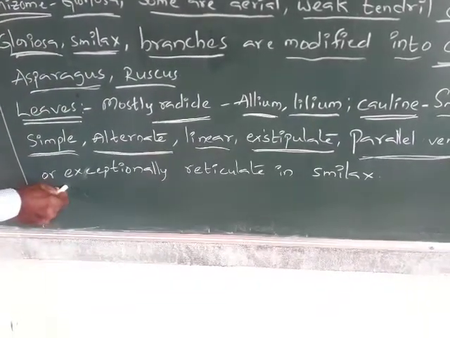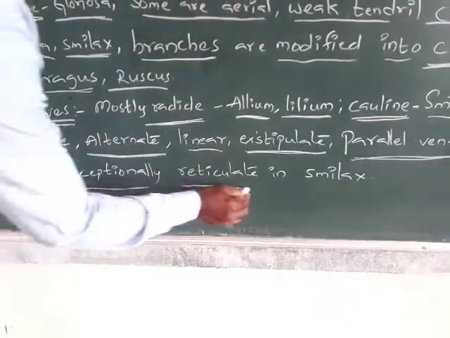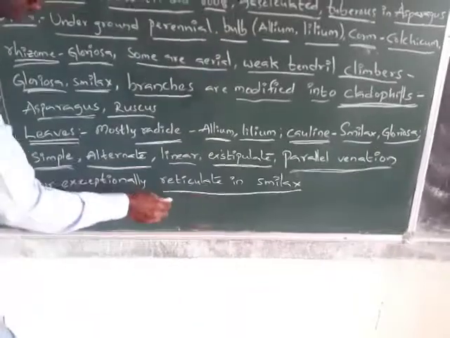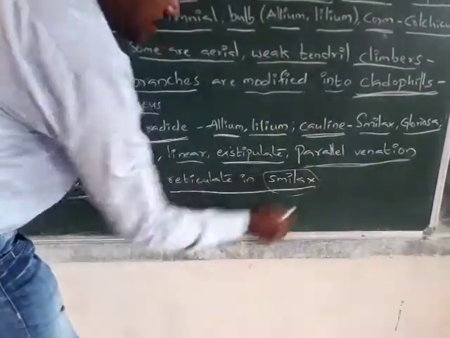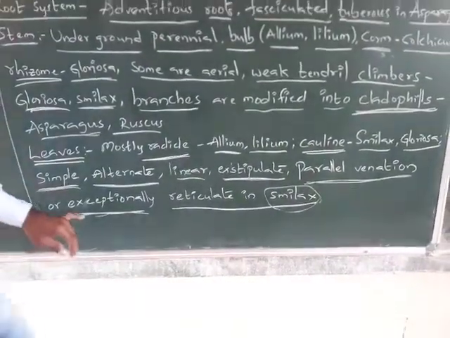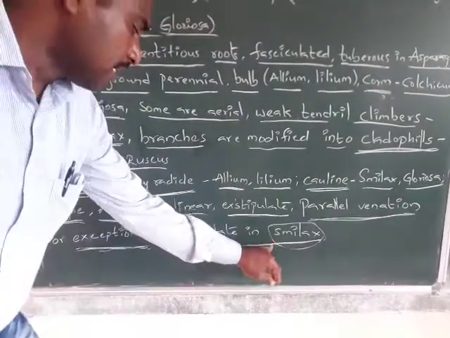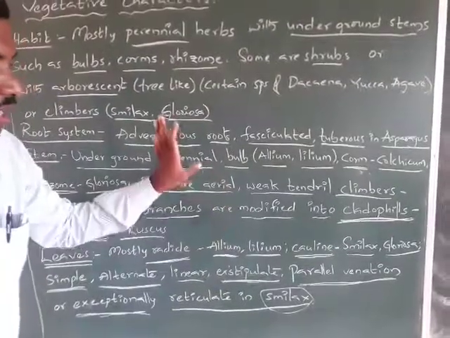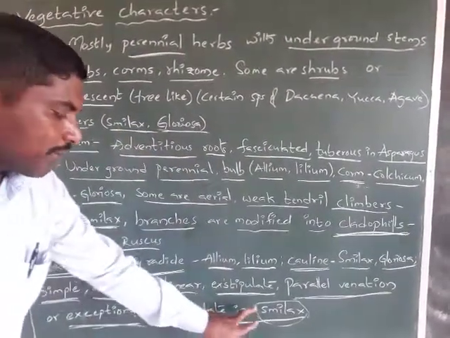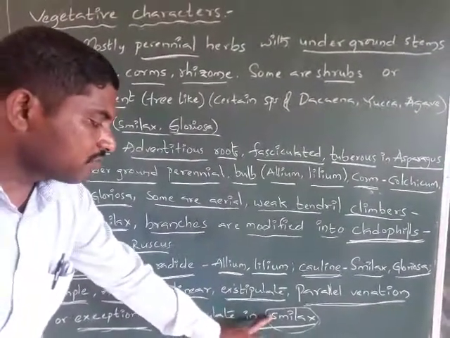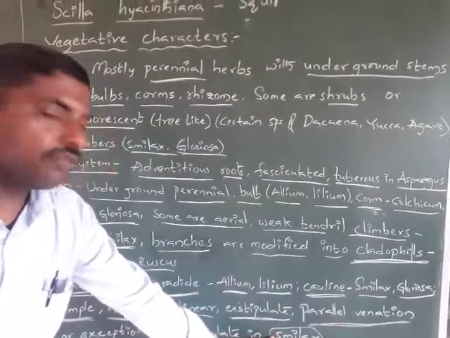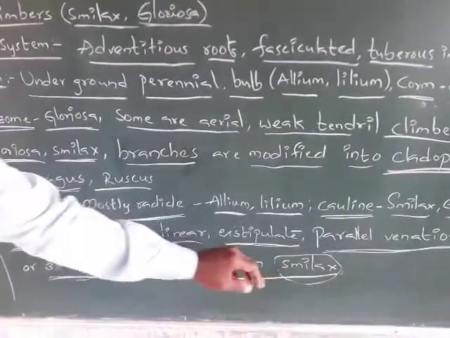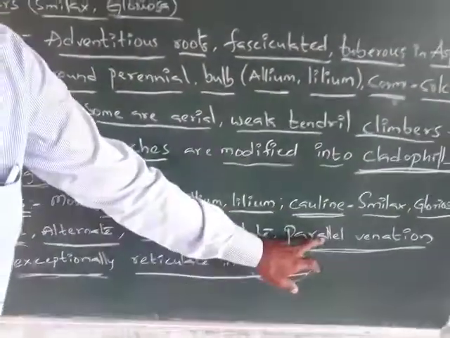Exceptionally, reticulate venation is present in Smilax. The remaining all have parallel venation, but in Smilax the leaves have reticulate venation.